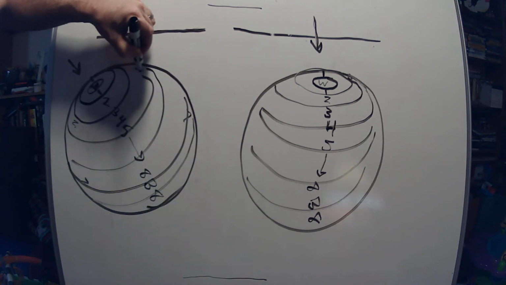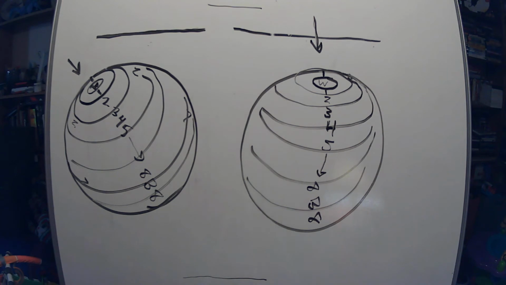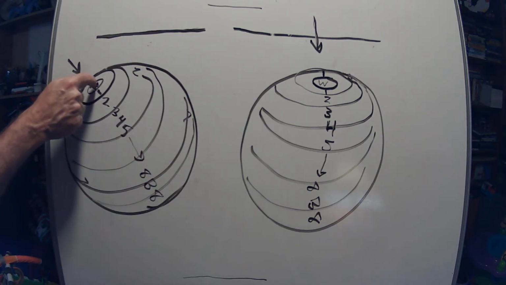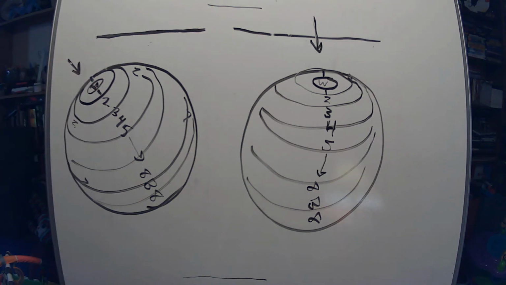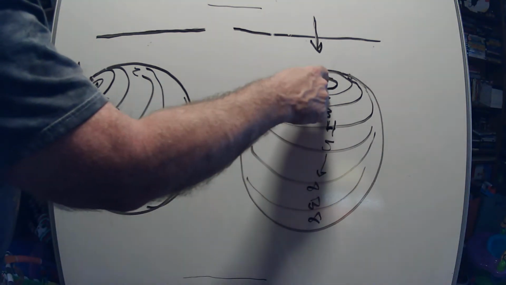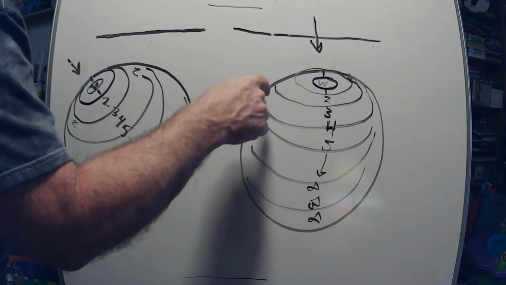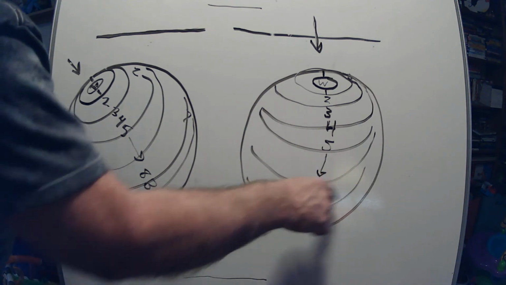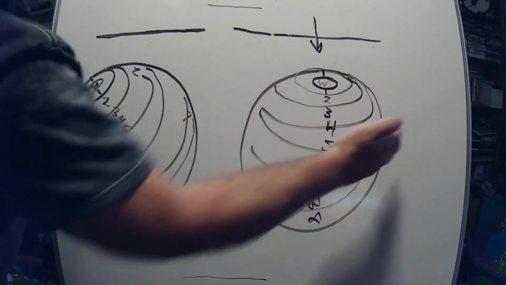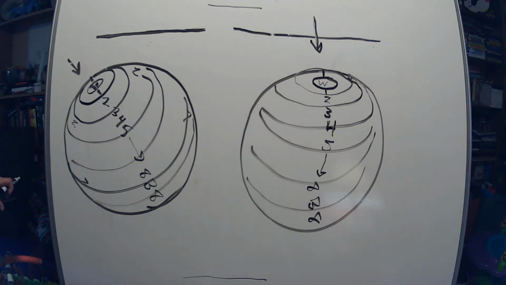The 3 goes down to 2. So you got to kind of blend this way and that way, but your white is going to be right there, right where the light's coming. And your black is always going to be opposite the light. Same thing here. Your white's always going to be where the light is shining, and the black is always going to be opposite. And then by the time these get out here, they're going to gray down a shade.